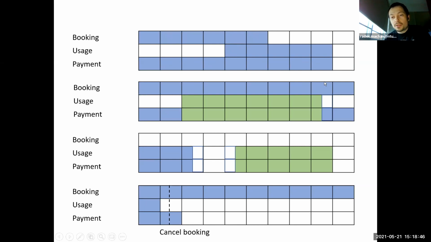If user A books a long slot, but user B is actually using the microscope, then user B will pay for the time when user B is using the microscope, and user A will pay only for the excess of the booked time.